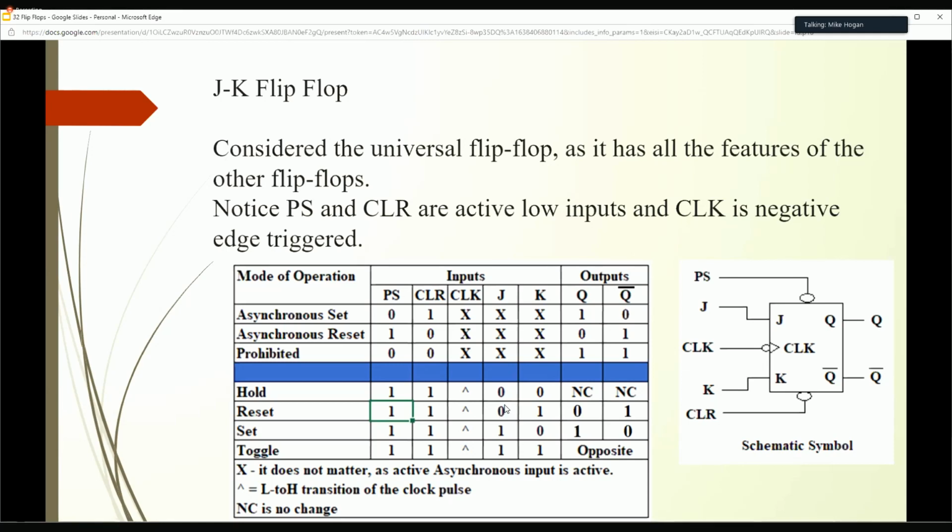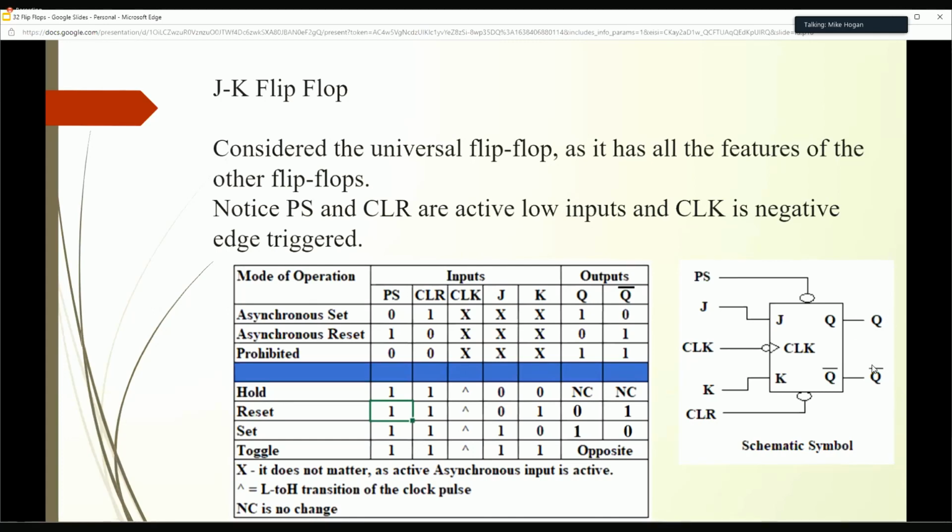We have a 0 on J and a 1 on K. That 1 on K is going to act just like our R with our RS flip-flop. And so it's going to cause Q to be a 0.